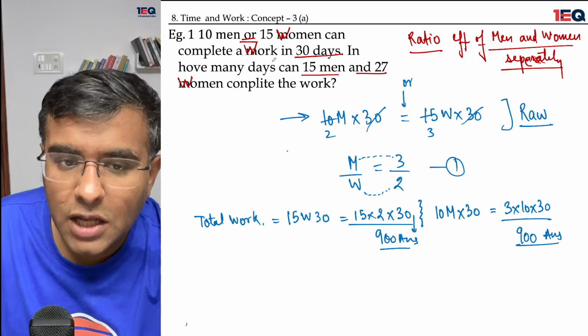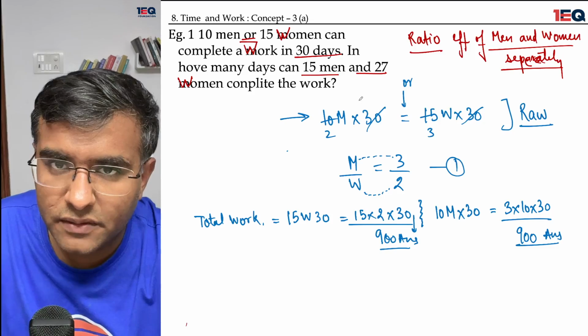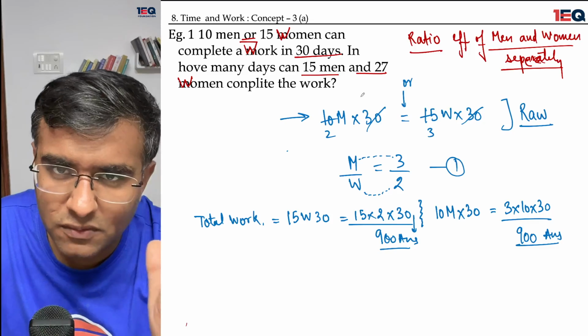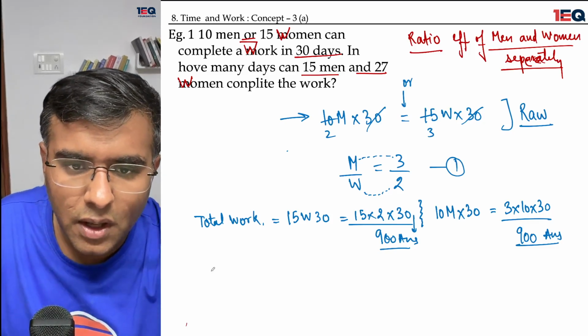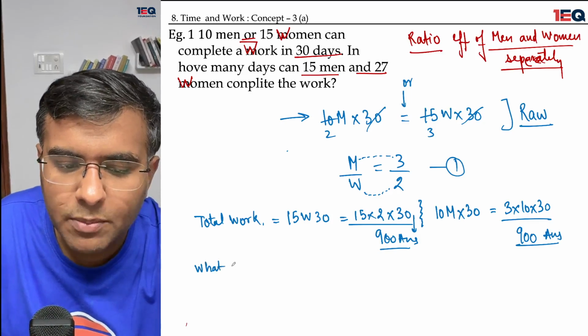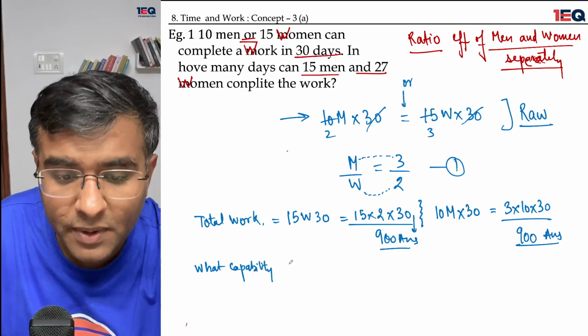Now, in how many days can 15 men and 27 women complete the work? I have the numerical value of total work being 900 units. Now I need to find out what capability we have.